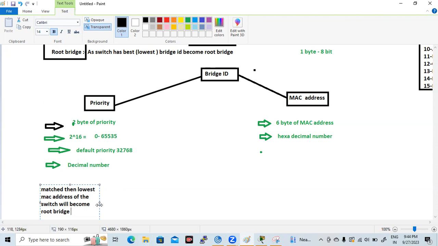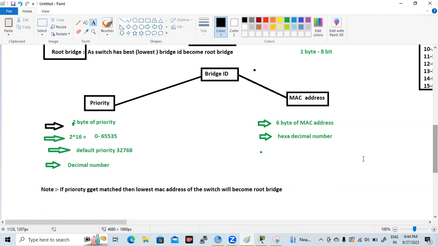If priority gets matched, obviously, if you have a default priority, it will get matched. If priority gets matched, then what will happen? The lowest MAC address of the switch becomes the root bridge, because we have a default priority.